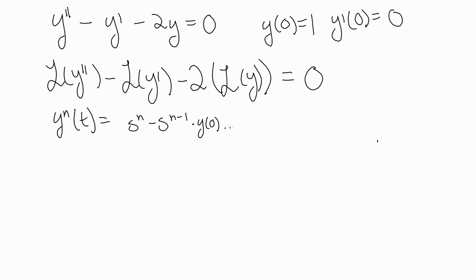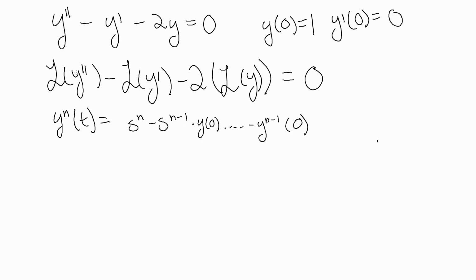And this goes on, depending on what value of n you have, because you may have more and more terms. And then at the end, you will have minus y to the n minus 1 derivative of 0. So we're going to use this identity right here to solve each individual part of the left-hand side here.